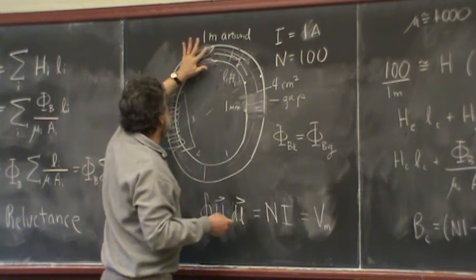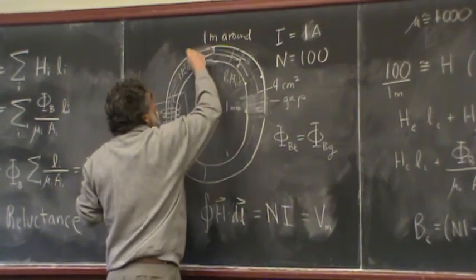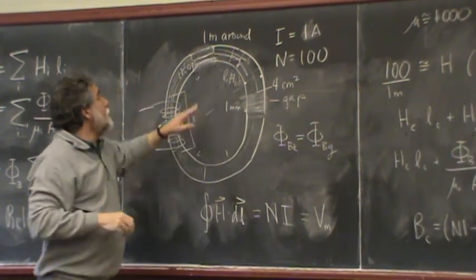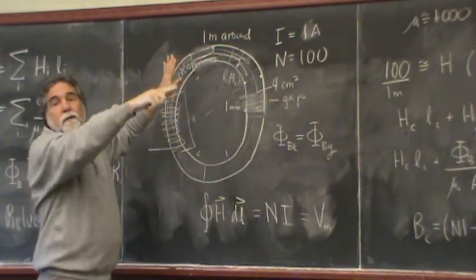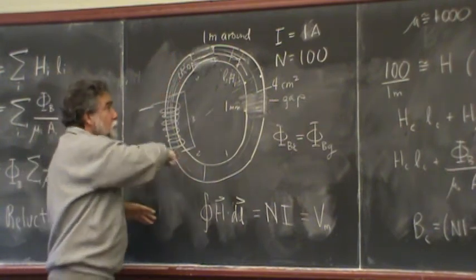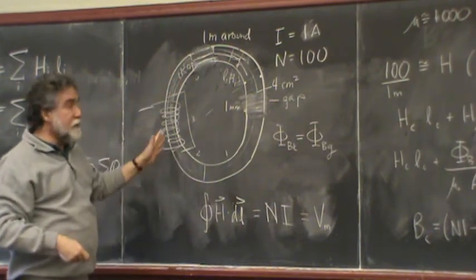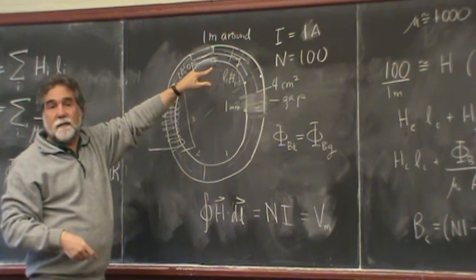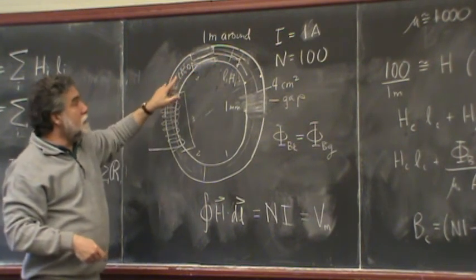So it's actually simpler if the structure looks like that. And then you write your loop equation, which says that the sum of all the H's times the lengths in the regions has got to be constant.